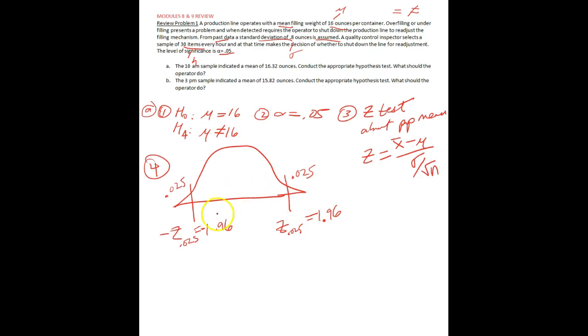Okay, and so then we make our rejection rule. So basically this is our RR, this is our RR, and this would be known as z-crit negative, and then z-crit positive.